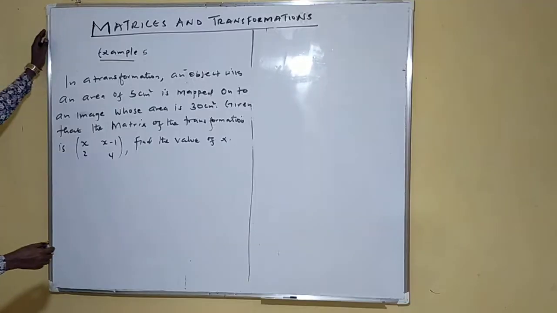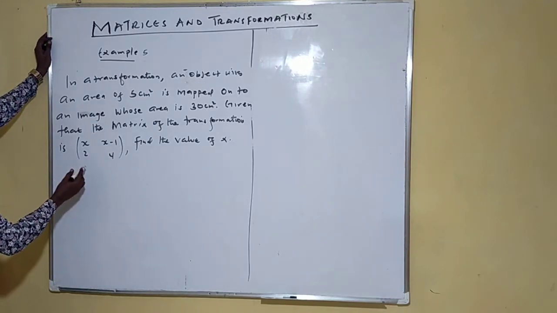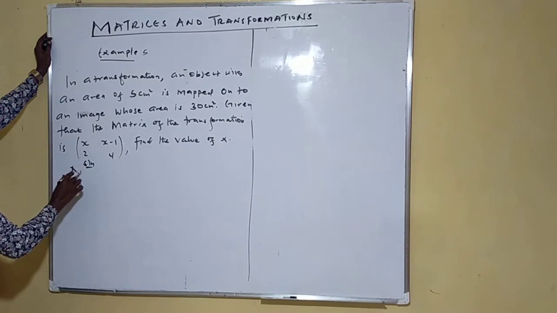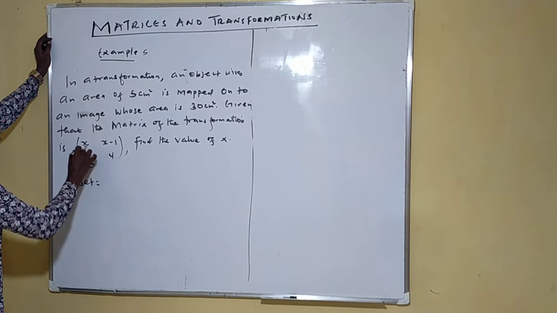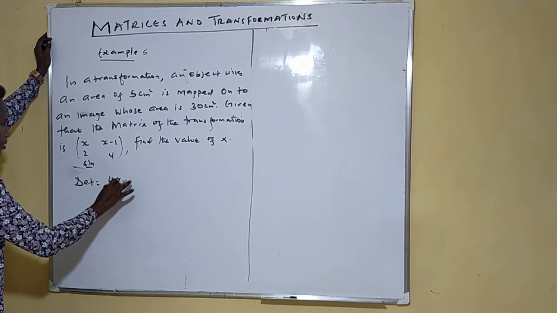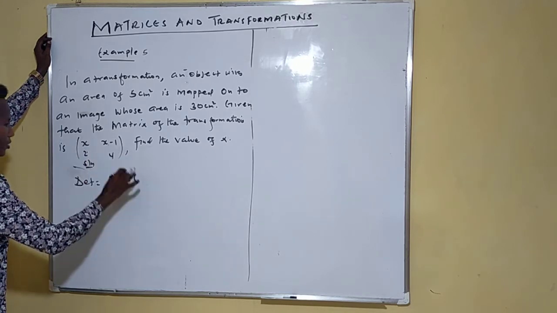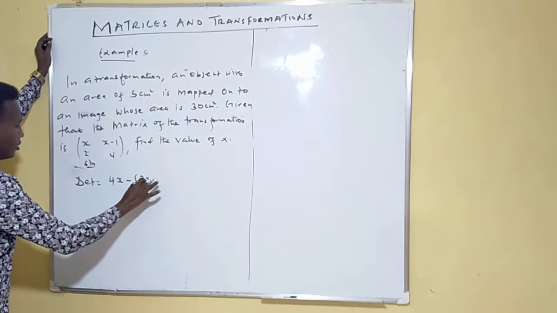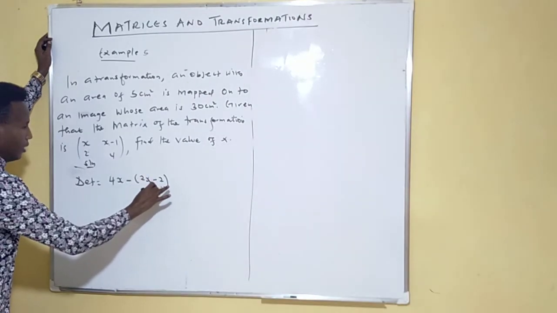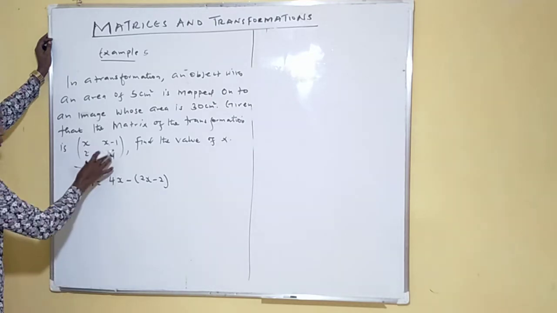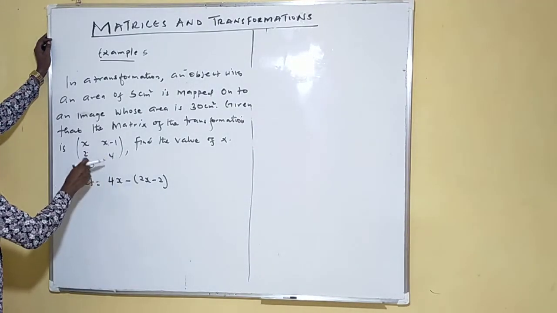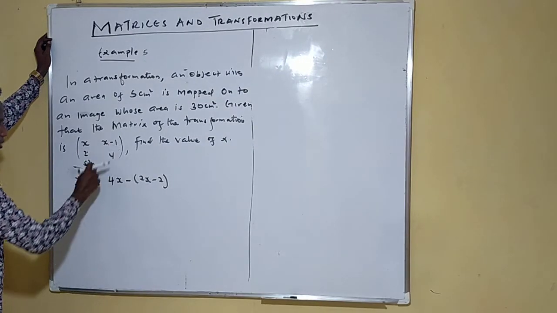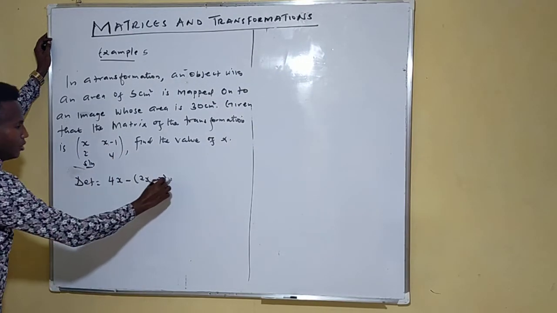Now, this is what they're going to do. Let me get the solution to this problem. Let me get the determinant. So I'll say 4 times x, 4x, minus this times this, 2x minus minus 2, because you have to open a bracket there too. Remember, this is our main diagonal.